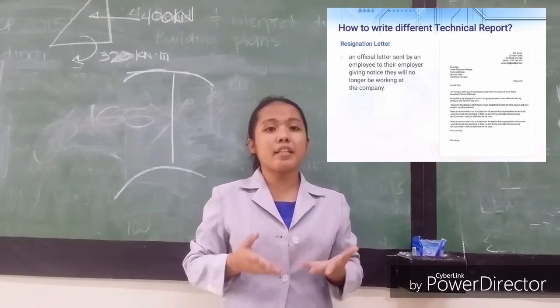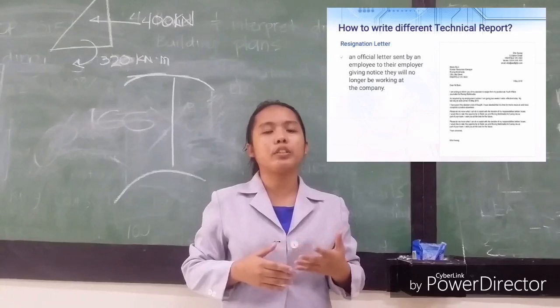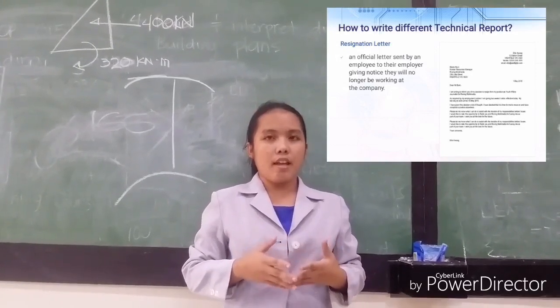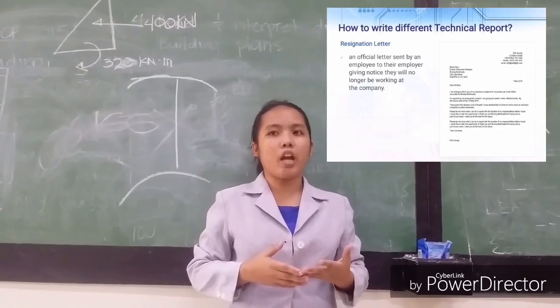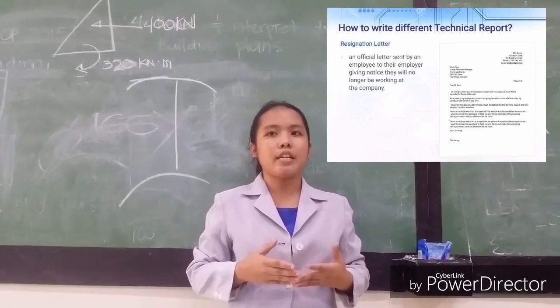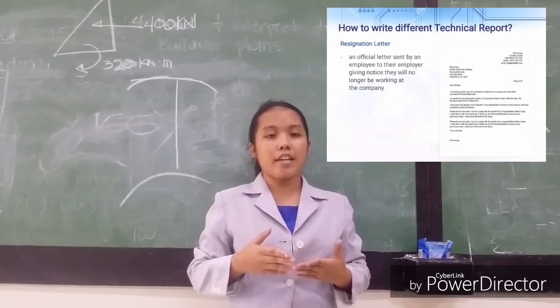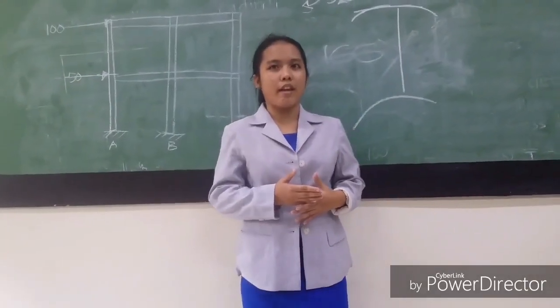Because a well-written resignation letter shows that you have a good character and keep your reputation intact. And it will also keep you in good standing with your employer in case you need them as a reference later on.